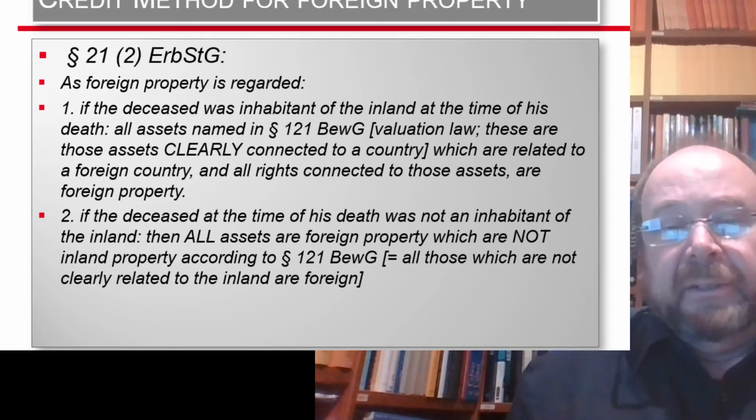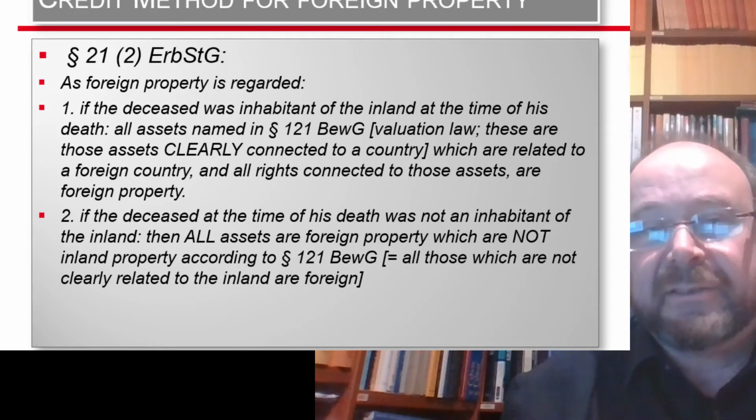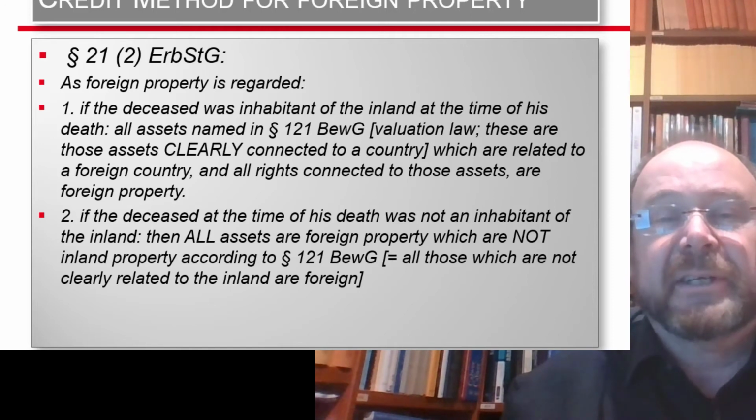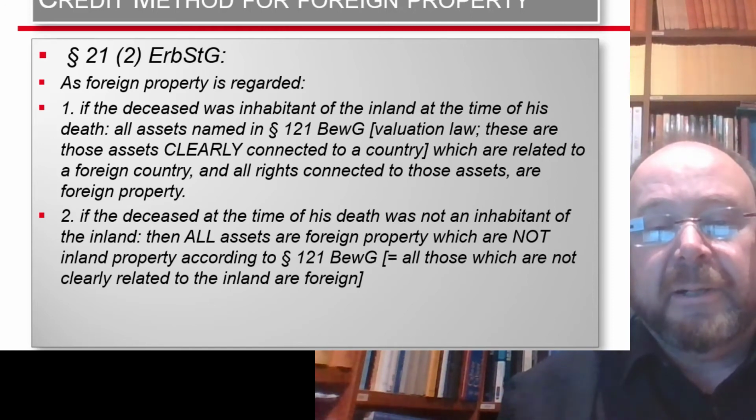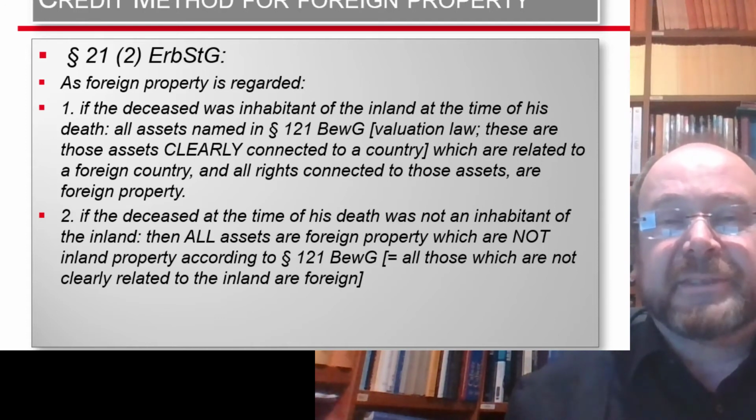So that sounds a bit strange, but that is explicable from that basic concept. All the property where there is no clear connection to a source state is attributed to the country of residence of the deceased.